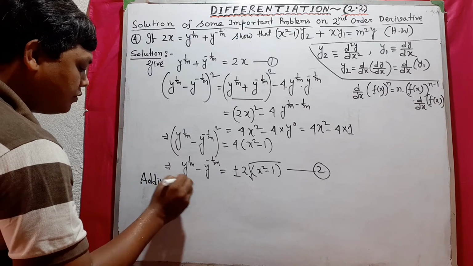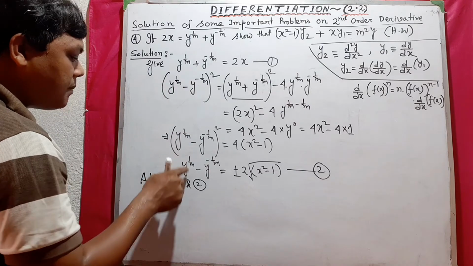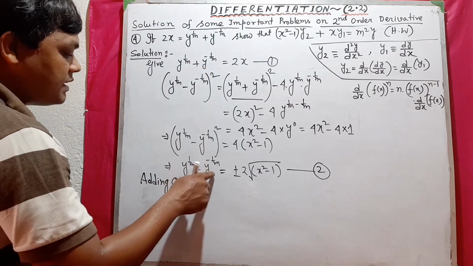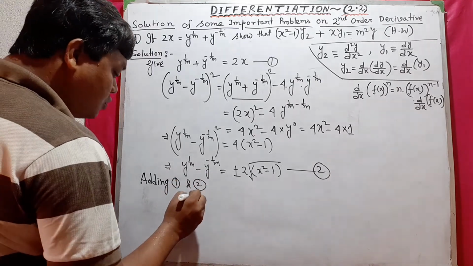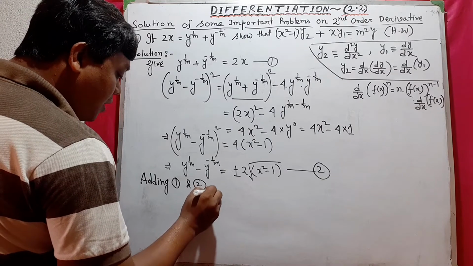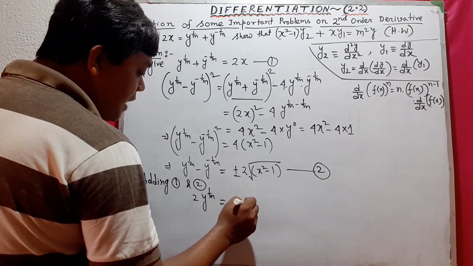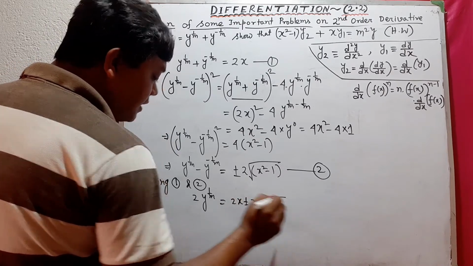If we add 1 and 2, we get y to the power 1 by m plus y to the power 1 by m, that is 2 y to the power 1 by m, and the y to the power minus 1 by m terms cancel. So 2 into y to the power 1 by m equals 2x plus minus 2 into square root of x square minus 1.